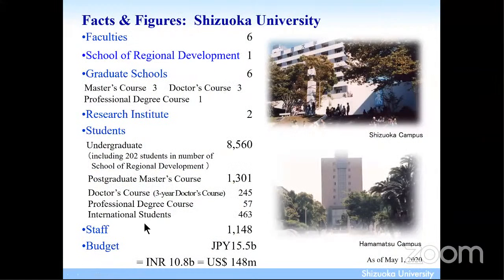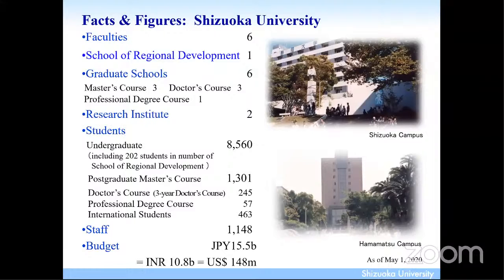We have 6 faculties, and another School of Regional Development. We have in total about 10,000 students and also a little over 1,000 staff members.